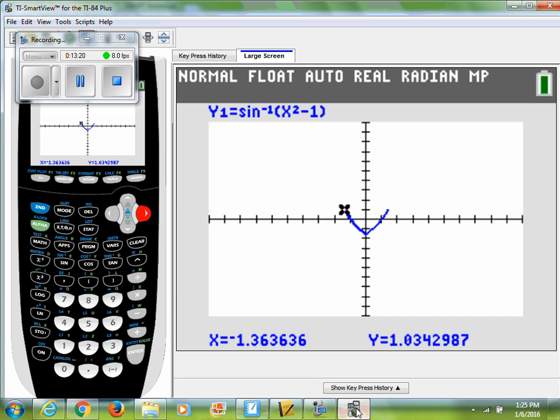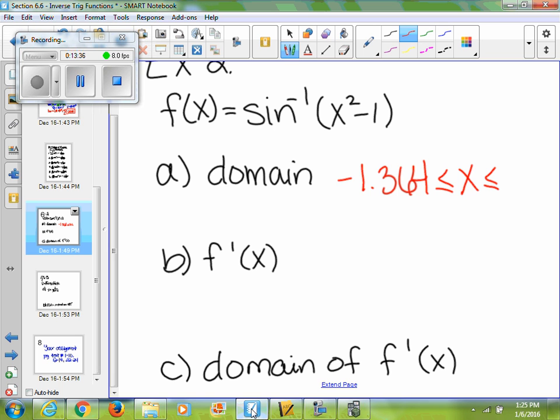So I keep tracing in the other direction until I run out of y values. I get to approximately positive 1.364. So my other value would be positive 1.364.